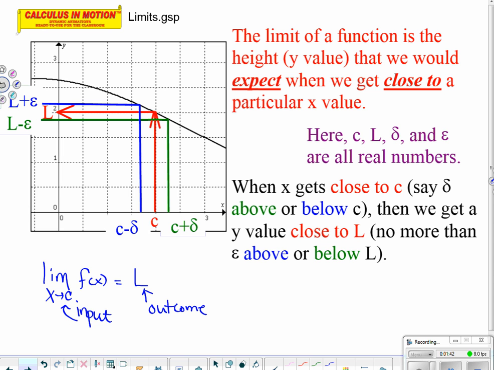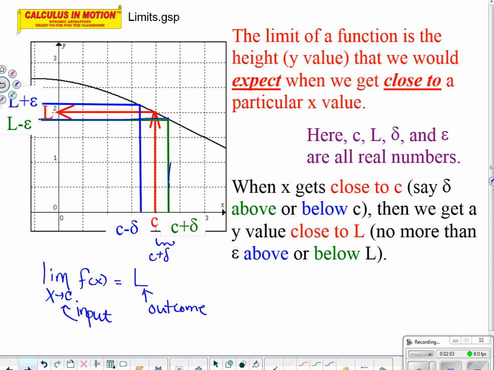And if I'm within a certain delta value of c, so if I took c and added some delta, it would bring me over to what is showing up as this green line. And then I could expect the outcome to be right here, a certain distance from my actual limit, the red line.